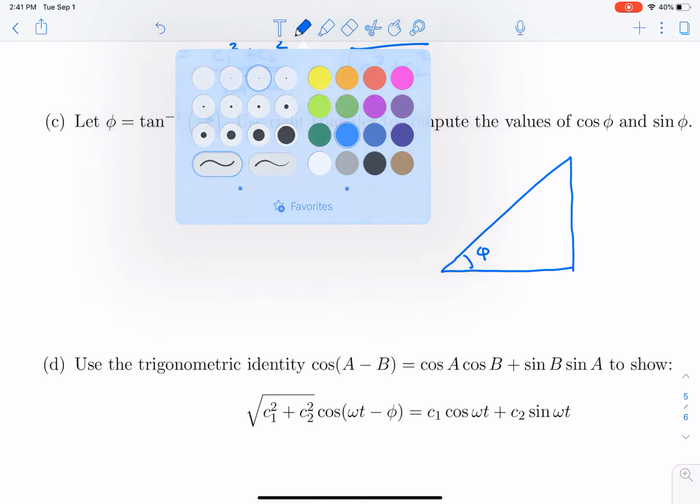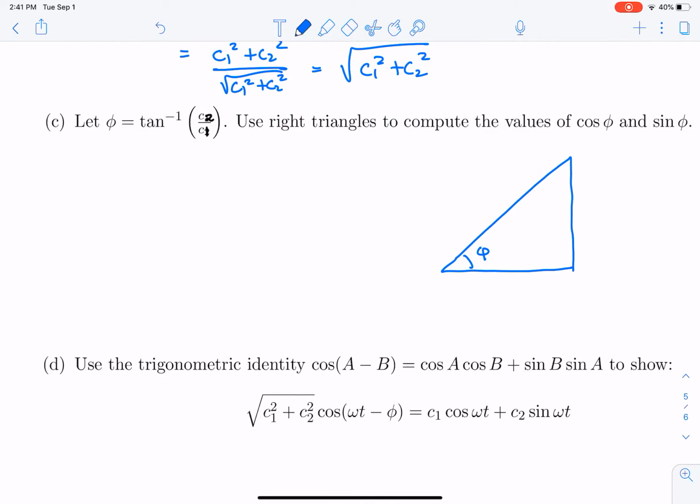Okay. And so, again, I have this same right triangle where the opposite side is C2, the adjacent side is C1, and the hypotenuse is the square root of C1 squared plus C2 squared.